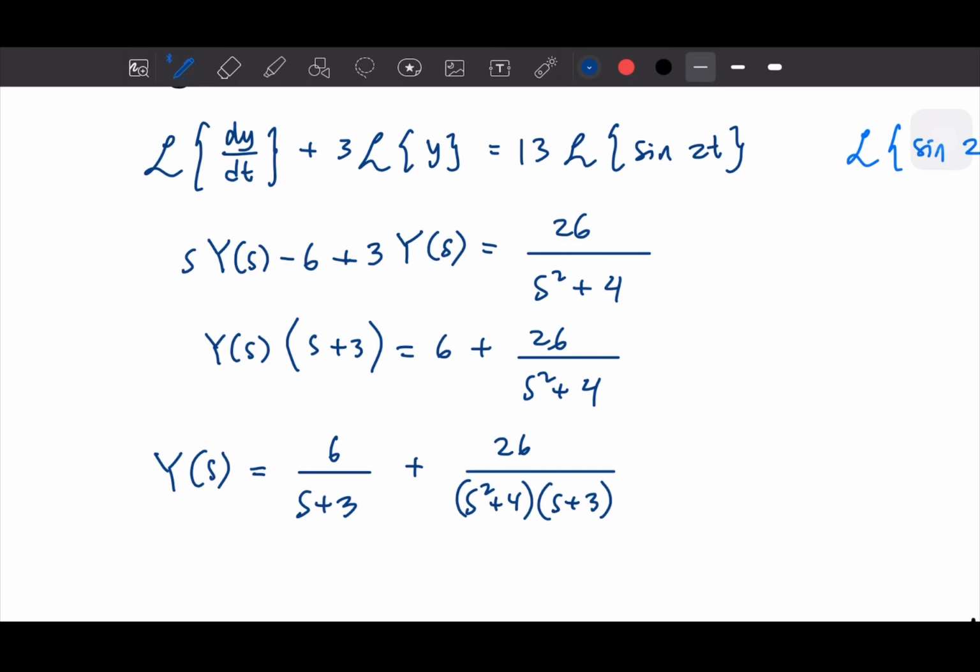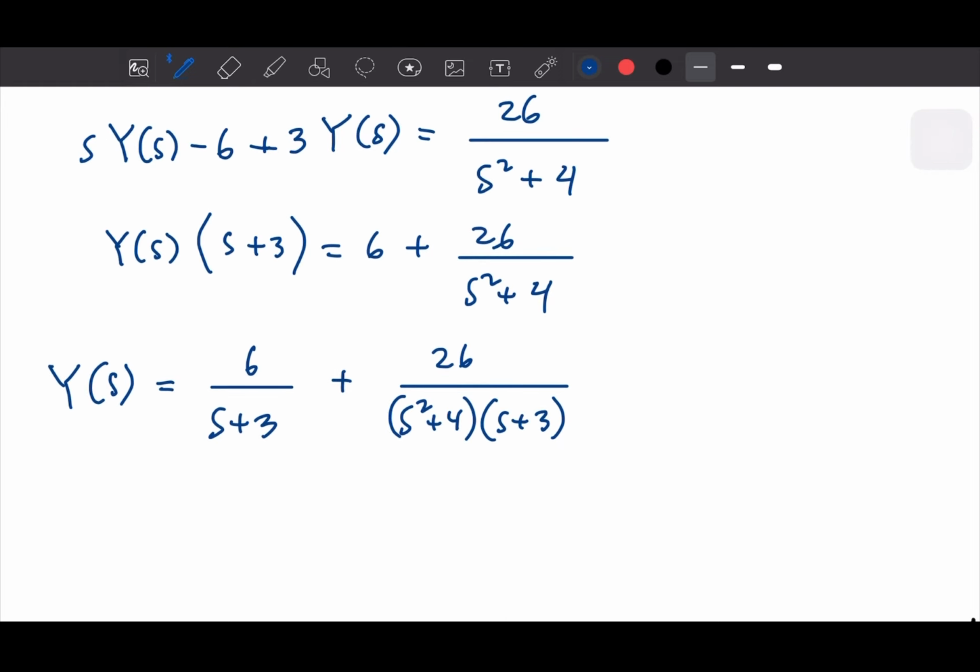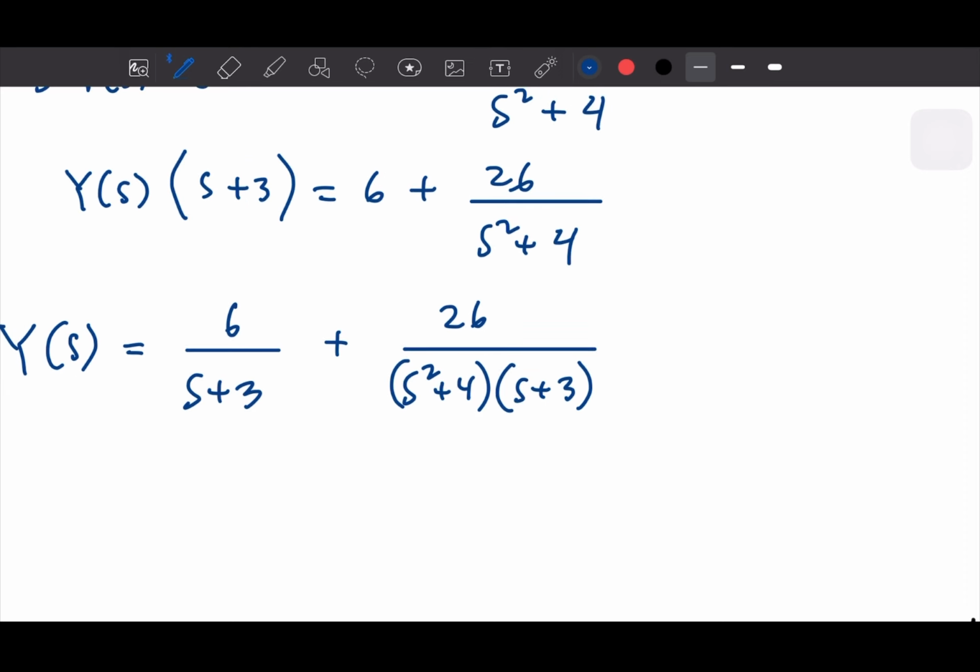So we need to use a lot of algebra to solve the Laplace. Or if you want, we could also combine first. Let's say we combine first.